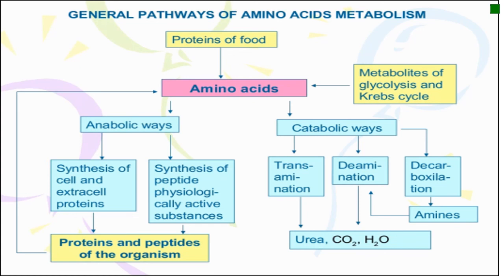On the other hand, amino acids may undergo catabolic ways like transamination, deamination, and decarboxylation, in which they can produce urea, join with carbon dioxide and water, and be released through the process called urination, in the form of urine. And some metabolites of glycolysis and the Krebs cycle may also produce amino acids.